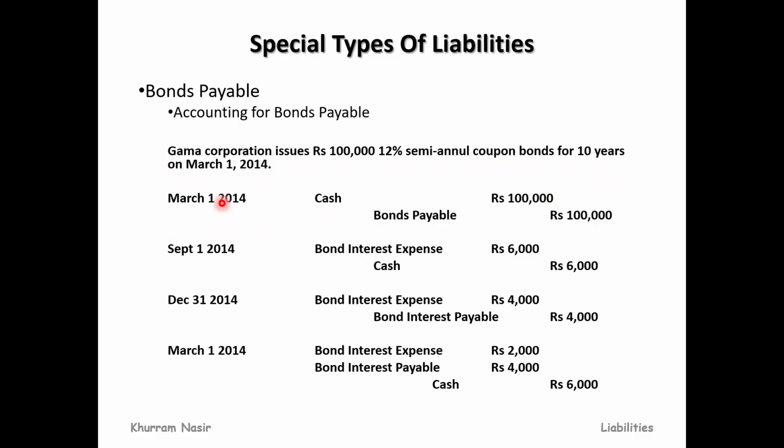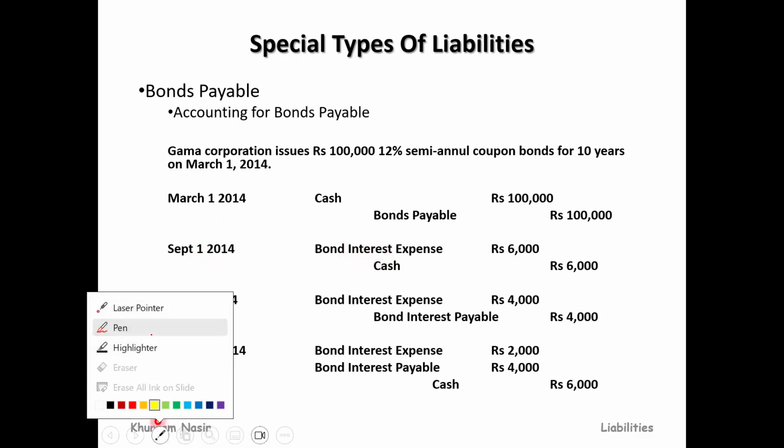Six months after this date, that is September 1, we will have 6 months completed: March would be the first month, then April, May, June, July, August. So here we'll be paying 6 months of interest.